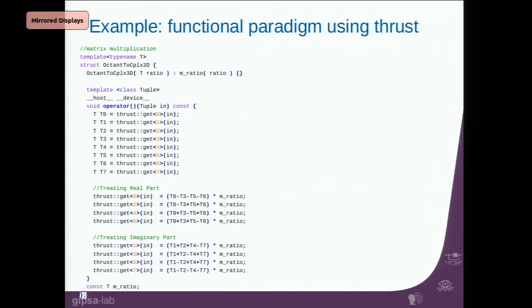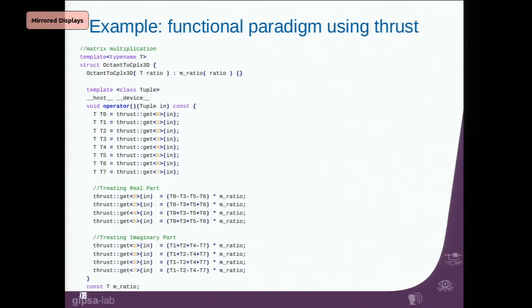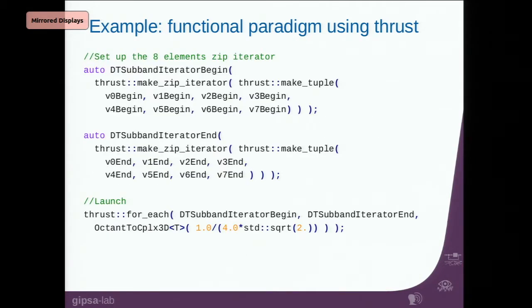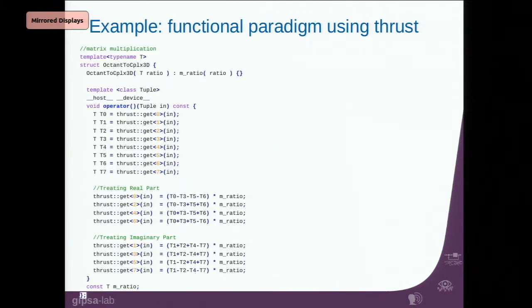Okay, it's not really interesting, but you just have to know that in this kind of operation, each output is a linear combination of some of the inputs. This is actually just an implementation of this multiplication, and I was able to implement this multiplication with this line, thanks to the zip iterator. This is a functional way to do it, for people that are used to functional programming.